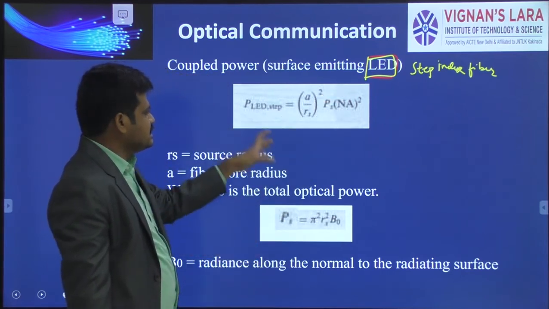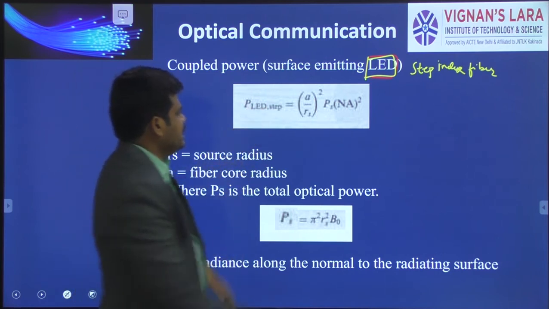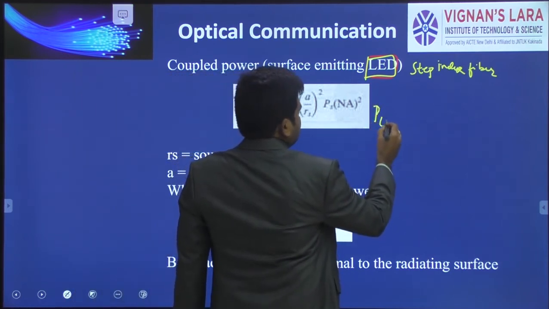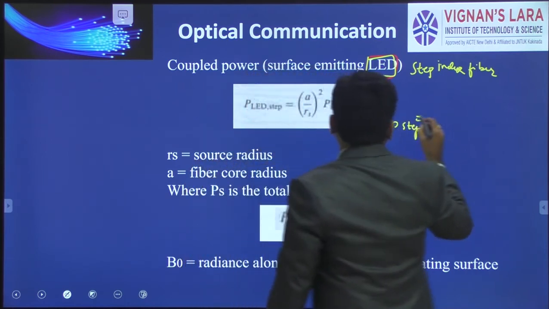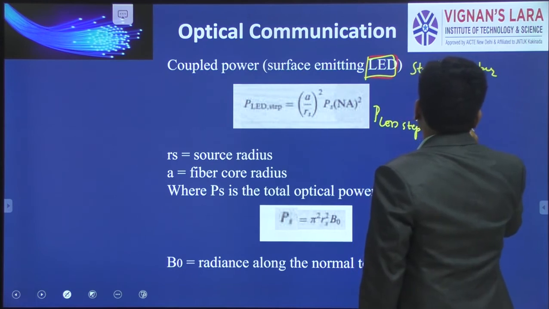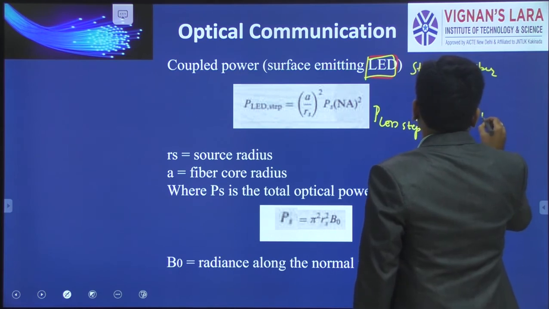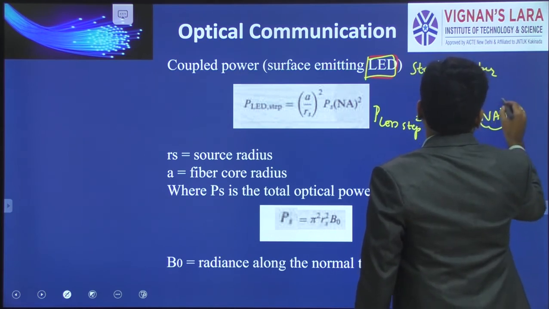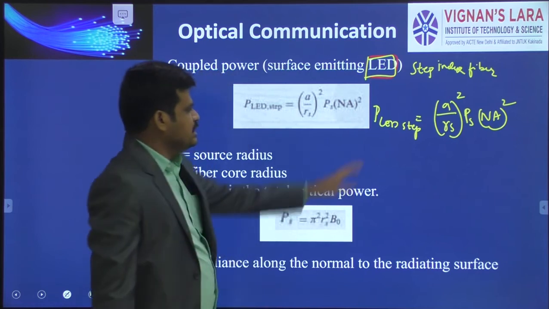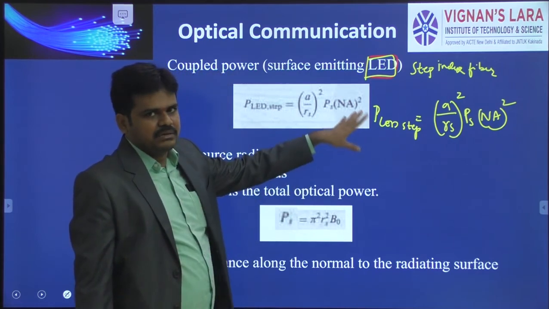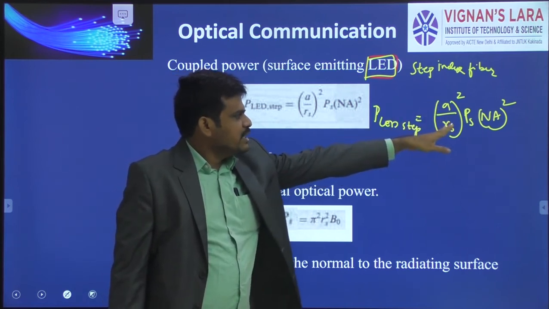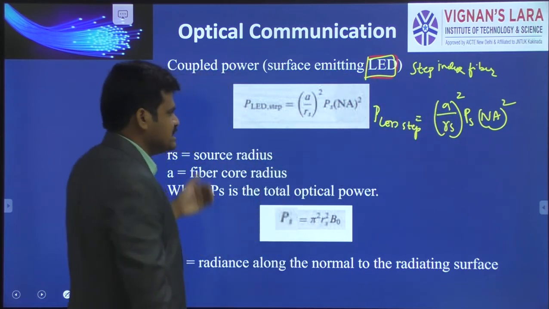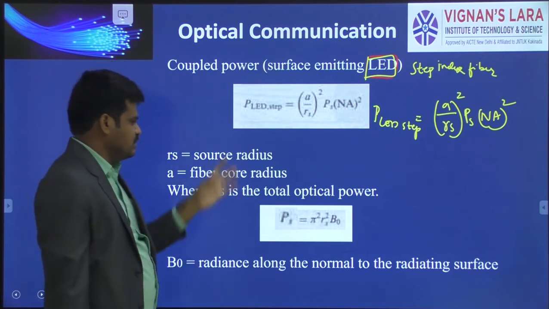Generally, in such case, the coupled power P LED step is equal to A by RS whole square into PS into NA whole square. What is A? What is RS? What is PS? Now let us see.